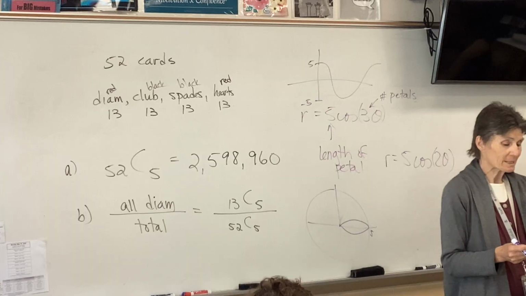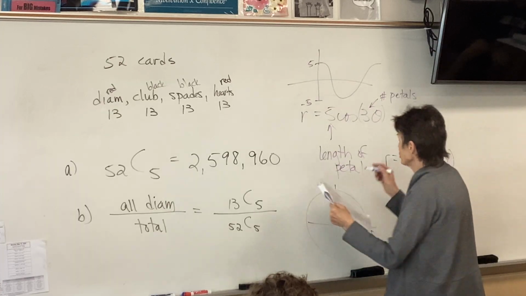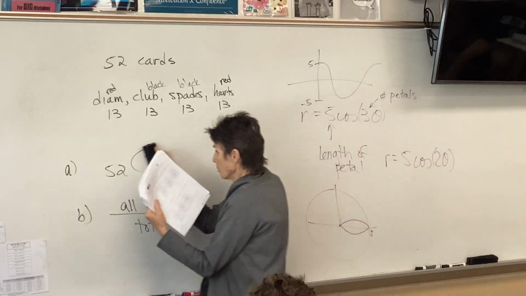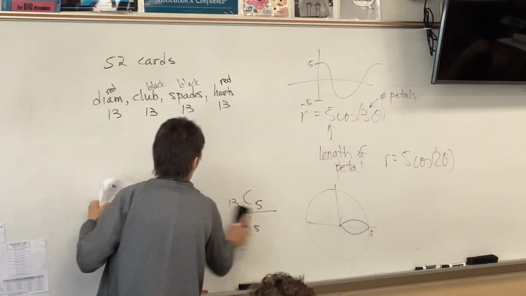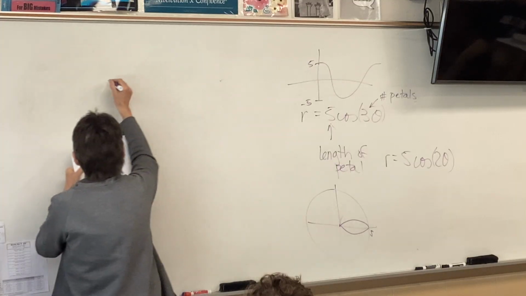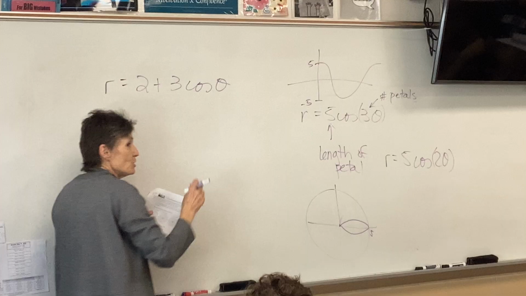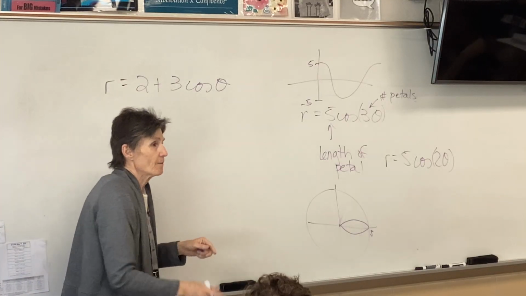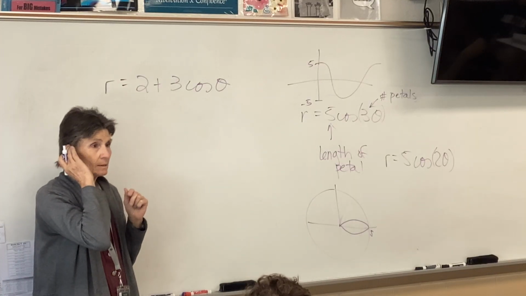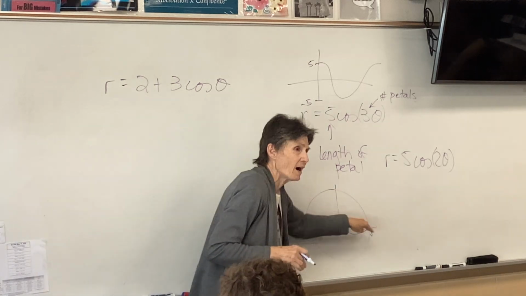I don't know if you can tell from your picture, because I told you just to do a quick sketch, but for problem 2, where it says 2 plus 3 cosine, can you tell the furthest point, like how big is this shape? Over here we said we went out 5.